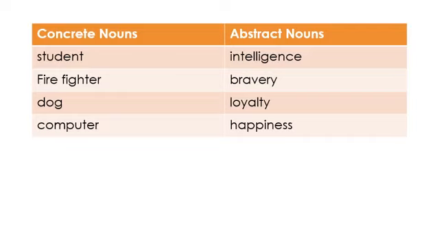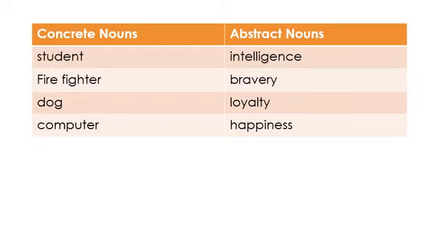If you want to know whether something is concrete or abstract, you have to think: can you taste it, smell it, hear it, or see it? If it escapes your five senses, it means that it is an abstract noun, and if you experience it through any of your senses, that means it's a concrete noun.